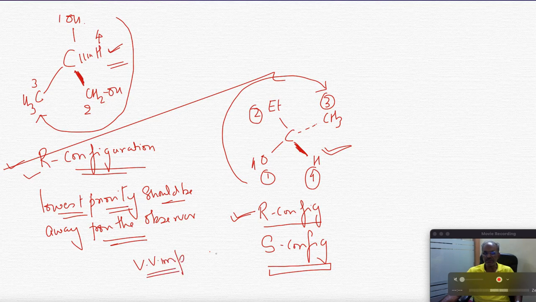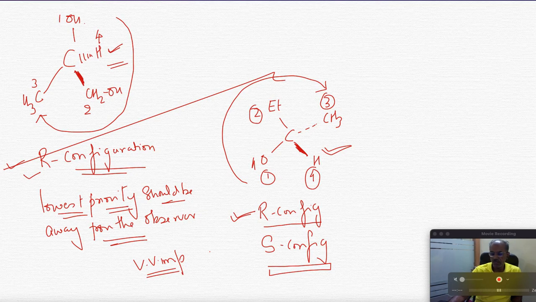They straight away see 1, 2, 3, then this is R; 1, 2, 3, then this is S. But you have to see whether the lowest priority group is away or towards me. If it is away from me, then it's proper, no issue. But if it is towards me, then whatever the configuration is coming, I have to take the opposite of it. So that is this, right?